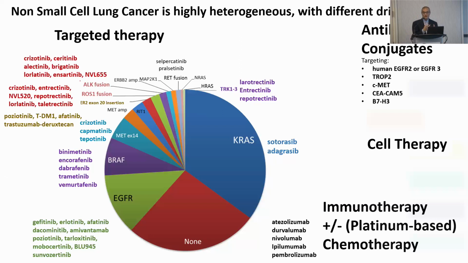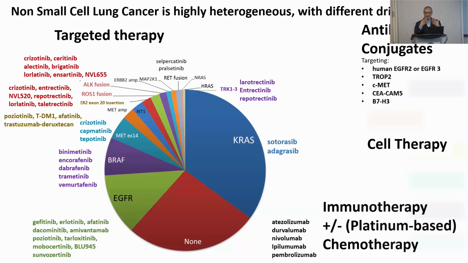And by working really well, I mean things in the order of overall response rates of 80, 90%. Duration of responses with metastatic disease of 30 months, 35 months, that sort of thing, relative to standard chemotherapy, 6, 7 months of response, 25 to 30% response rate.